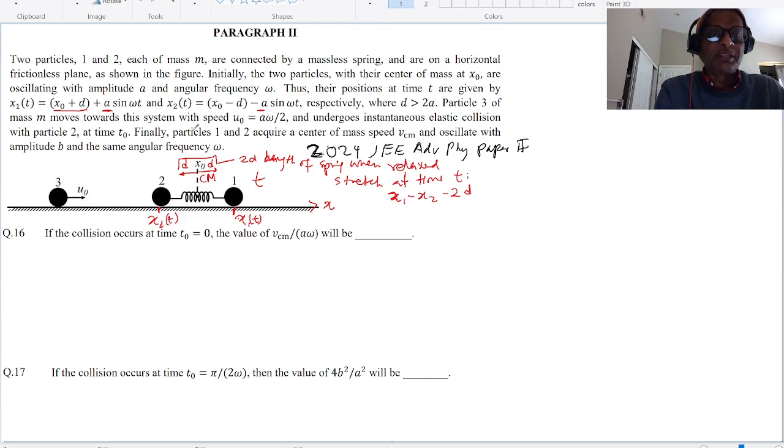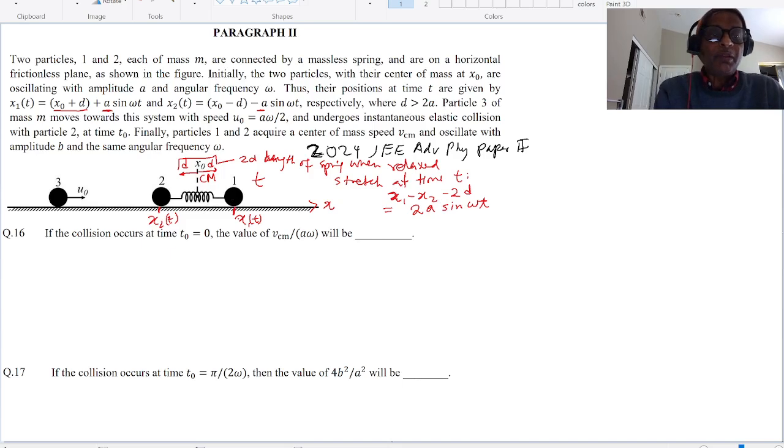That will be the stretch from the way this is described. If you just do this, the 2d cancels out, and it's going to be 2a sine omega t. Depending on time, that determines how much the stretch of the spring is.